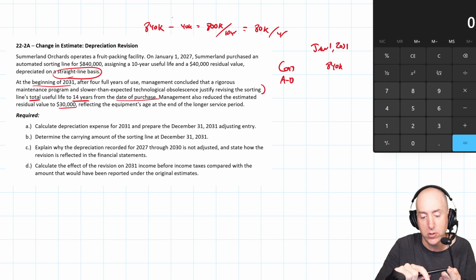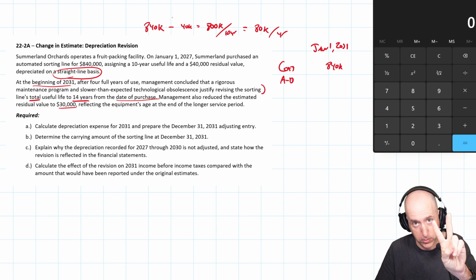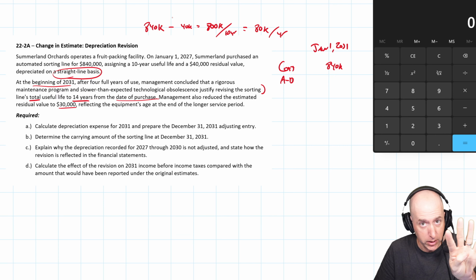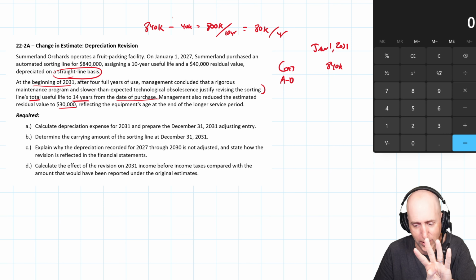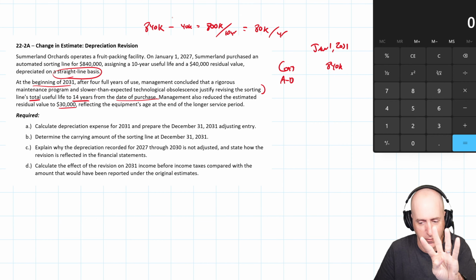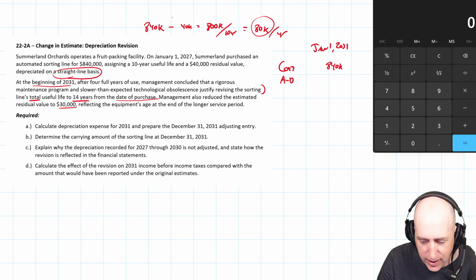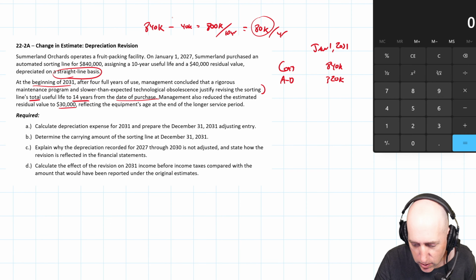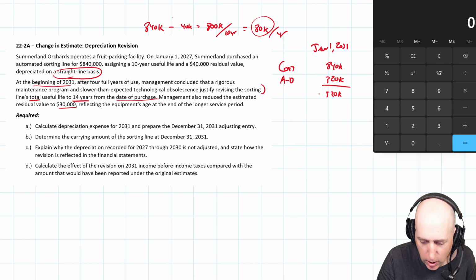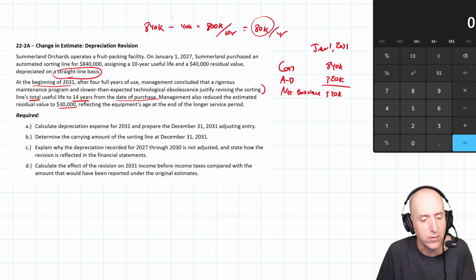We bought it in January 2027, so 2027, 2028, 2029, and 2030, bringing us to 2031. 4 years have elapsed at $80,000 per year. That's $320,000, which is 4 times 80. So 840 minus 320 means we show an asset on our books worth $520.